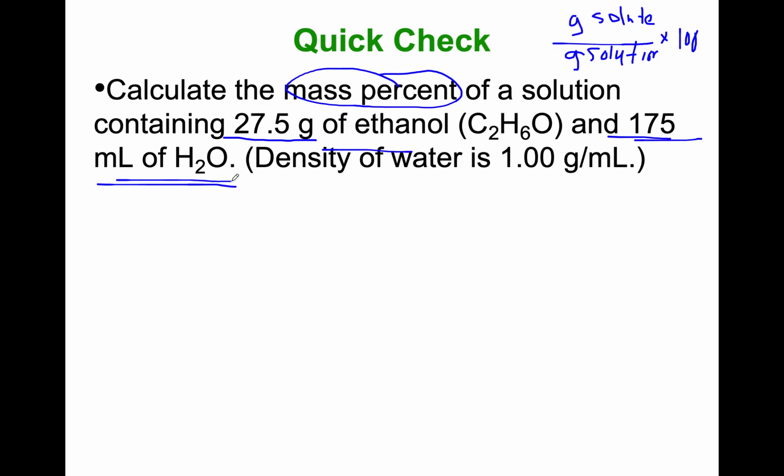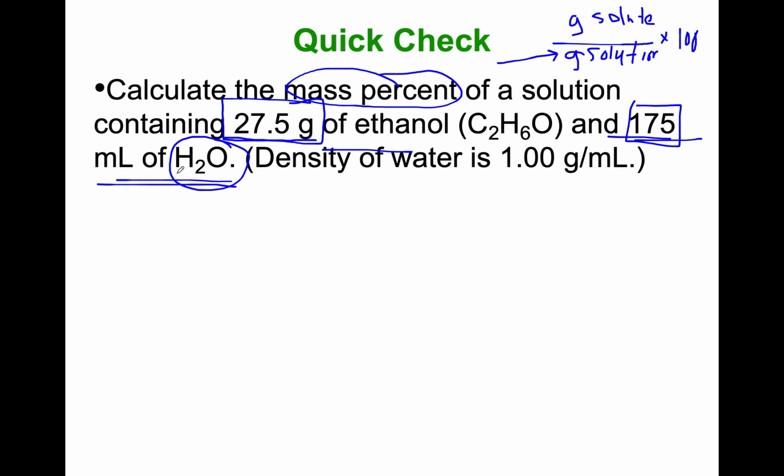How do we know what is the solute and what is the solvent? I want to caution you, water is not always the solvent. So just be careful. The way we determine it is the smaller amount. So 27.5 grams of ethanol is the solute, 175 mils of water is the solvent, and you combine those for a solution. Well, remember, we need grams.